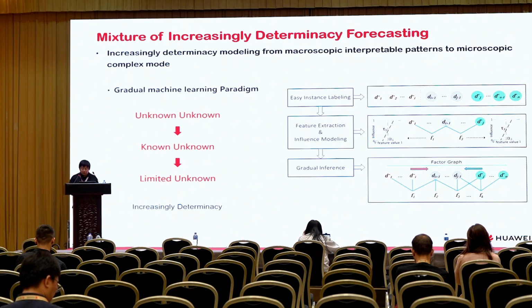Since the gradual machine learning paper uses a classification problem rather than a time series prediction problem as an example, the architecture diagram on the right in the original paper is adapted for classification tasks. However, its underlying principles can be applied to other problems, including time series prediction.